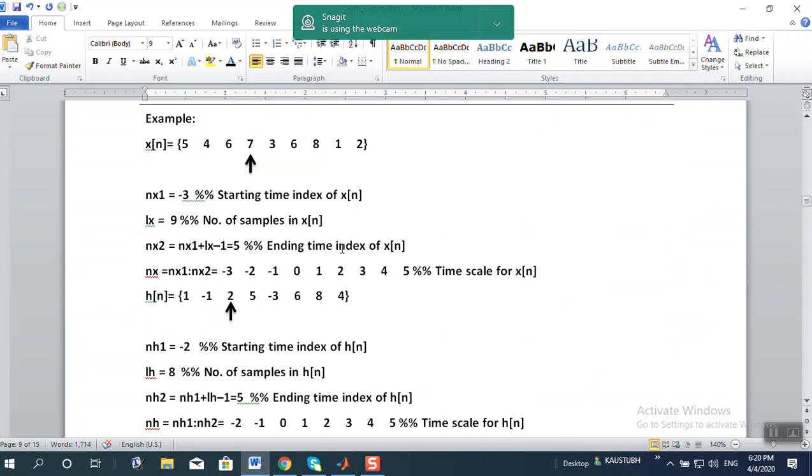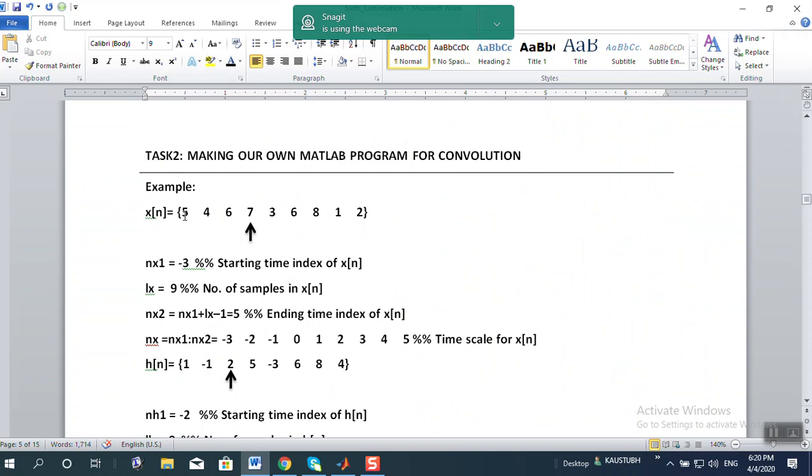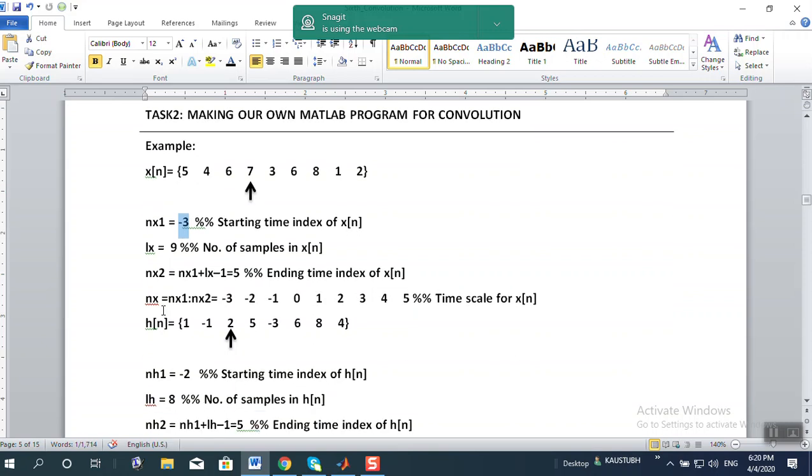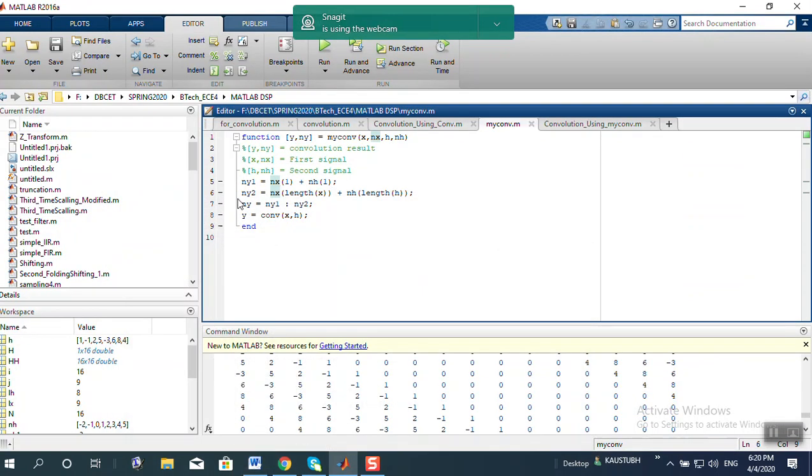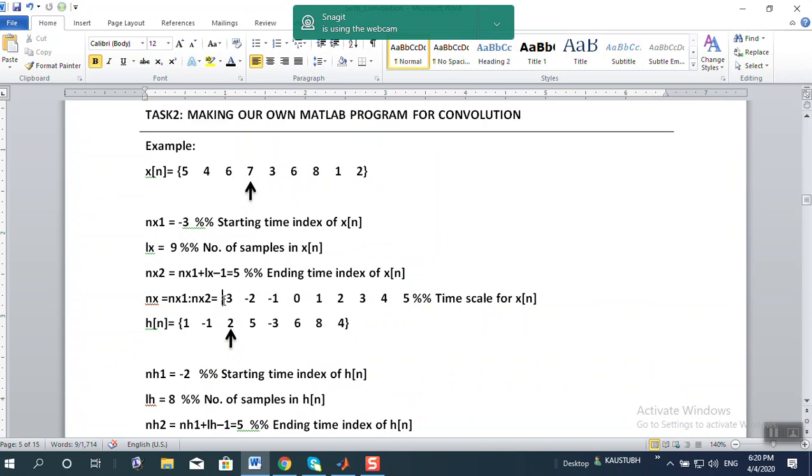Suppose this is your signal 5, 4. This is the value. The starting time index is -3, so your nx is -3 to +5. If you look at it, nx1 is -3.